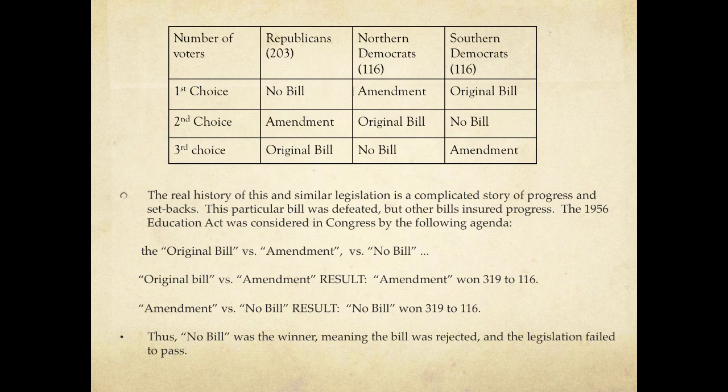Powell was a Northern Democrat, but it seems to me like it's almost suspicious that such legislation, an amendment such as the Powell Amendment, could be introduced by the Republicans in the minority because their first choice was no bill, and the outcome is to get their first choice.